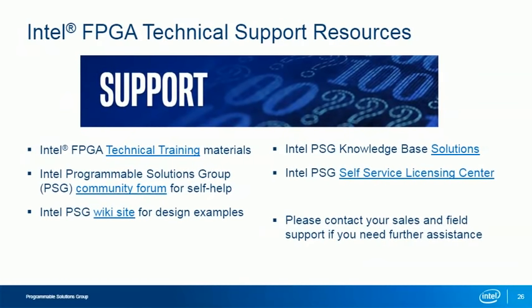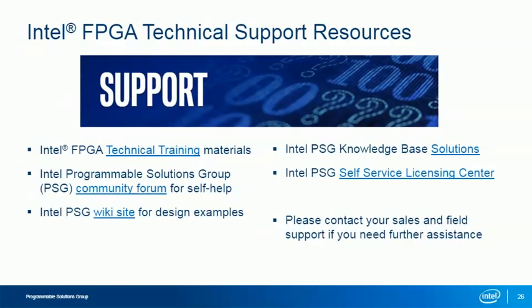Intel FPGA provides many additional technical support resources besides technical training. Check out the online Intel FPGA forums. They're a great place to connect with other users, to share experiences, and find solutions to common issues. Visit the Intel FPGA Wiki for design examples and up-to-date articles written by field application engineers.